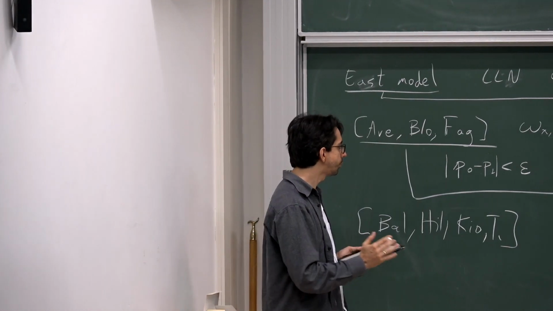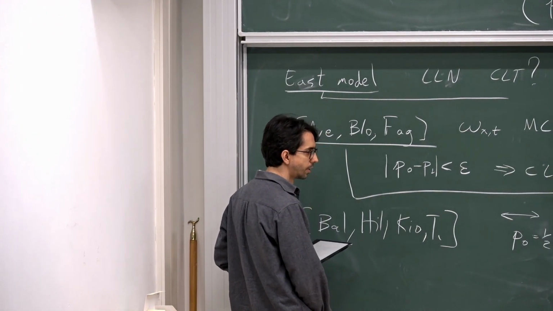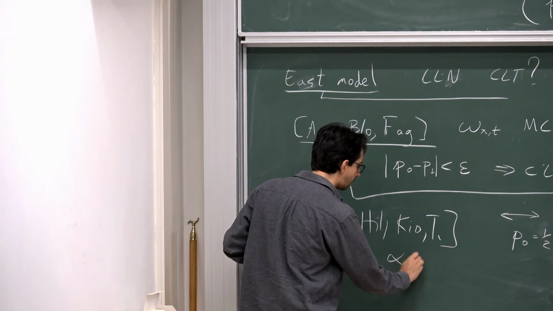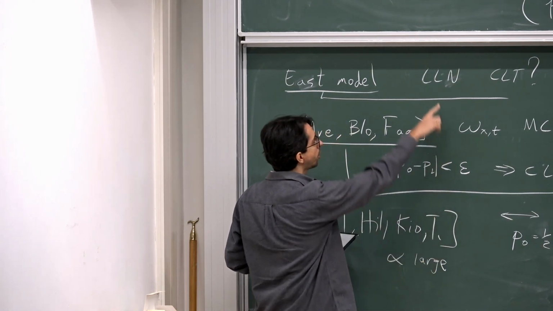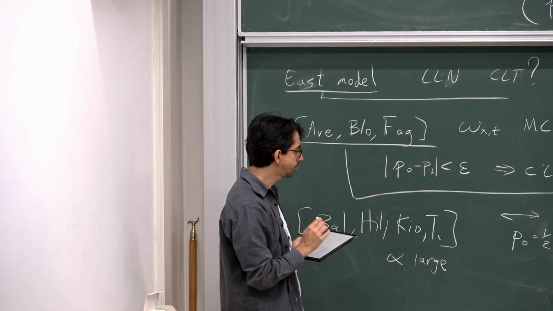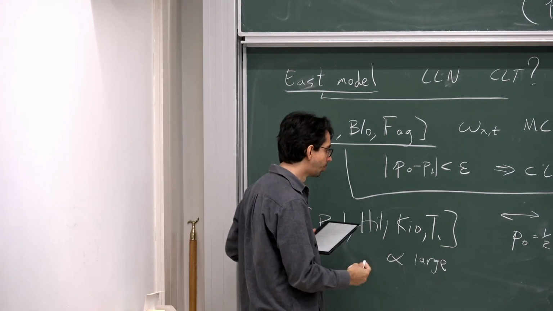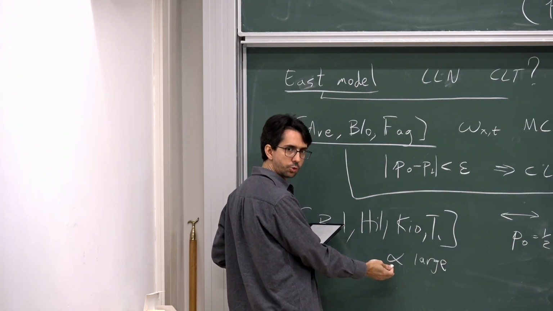That's a kind of symmetry. Then we have alpha large. So we have law of large numbers because of the previous result I mentioned, but we don't have CLT. What we have is a lower bound on fluctuations.